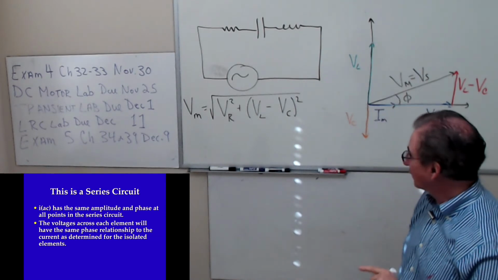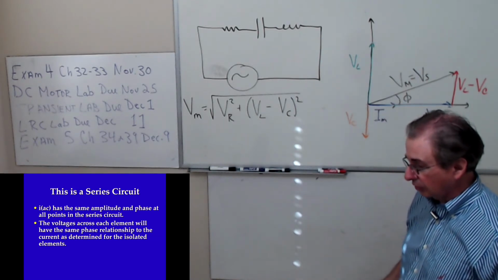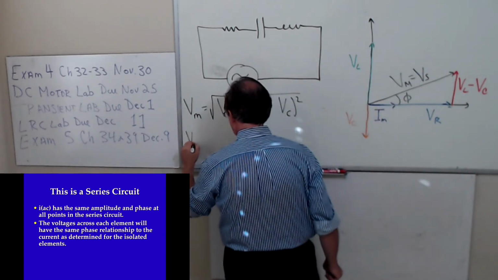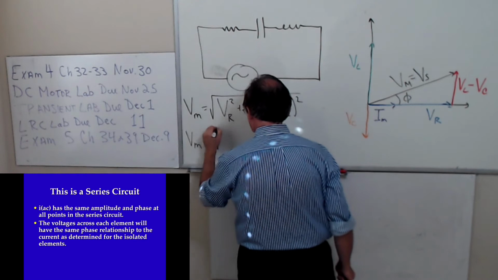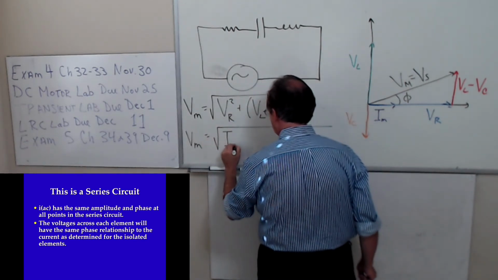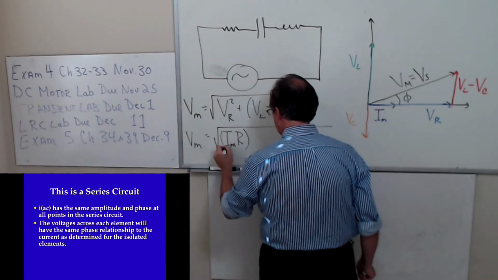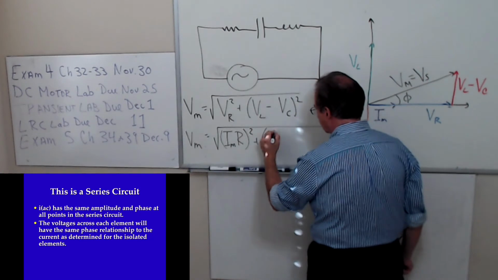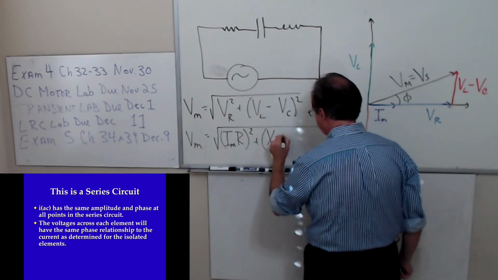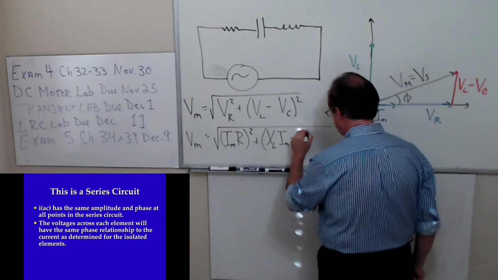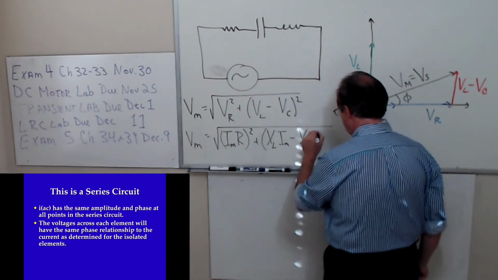And I can write all of these in terms of current. This is current times resistance. This is the inductive reactance times the current. And this is the capacitive reactance times the current.